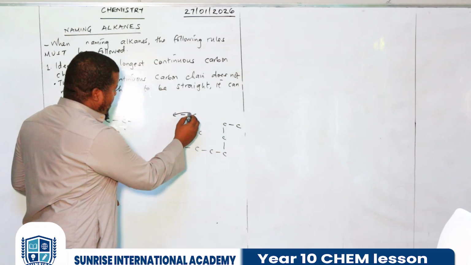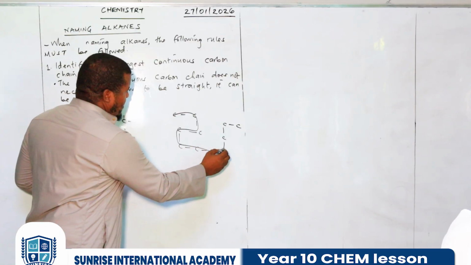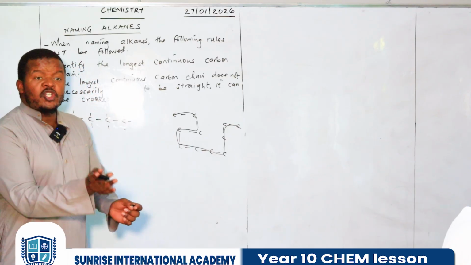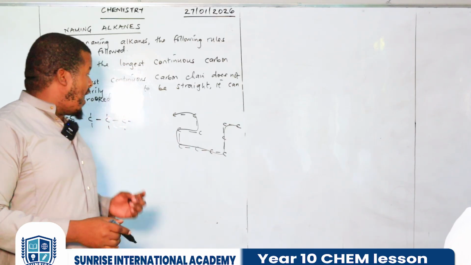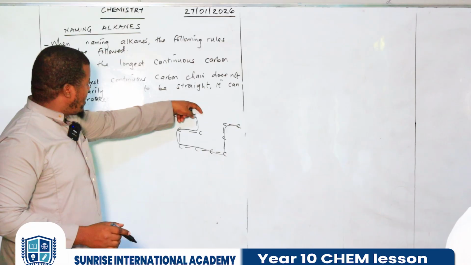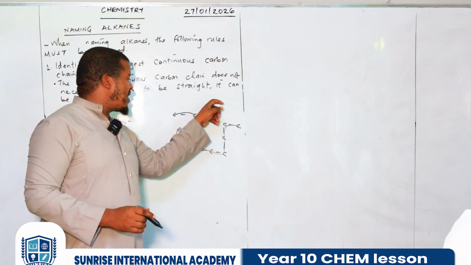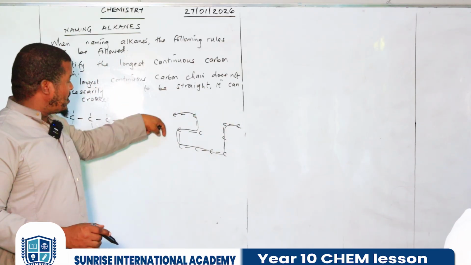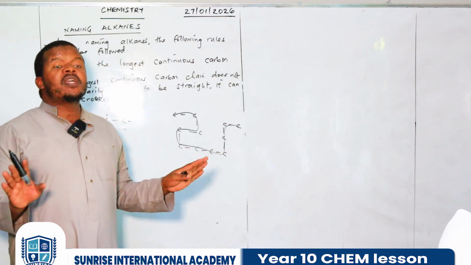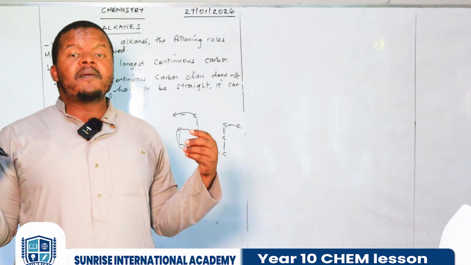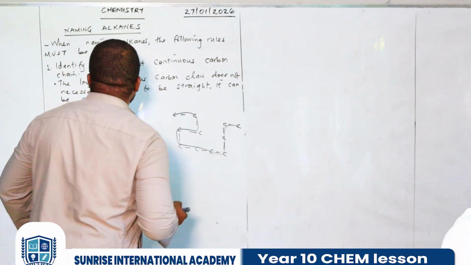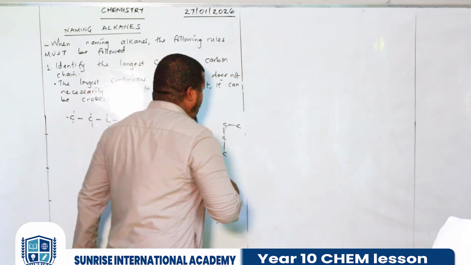It can be crooked like this. It doesn't have to be straight so long as it's continuous. So it's your work to identify the longest continuous carbon chain. So long as it's continuous, it's okay. It can be crooked, as you can see. All right.